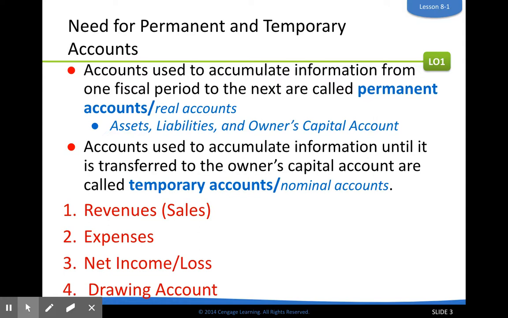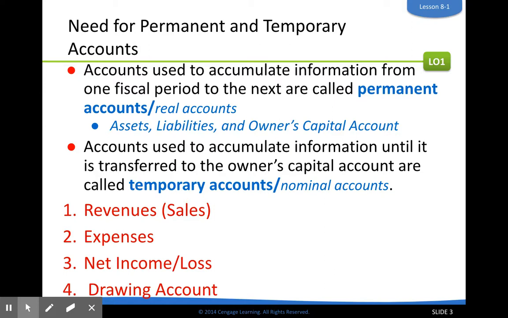Our assets, such as cash and supplies, if our fiscal year is January 1st through December 31st, we don't start every year getting rid of all the cash that we have, getting rid of all the supplies that we have, and starting fresh. No. Permanent accounts, we use those same balances from the end of one year to the start of the next. So assets, liabilities, and the owner's capital account roll over from one fiscal period to the next.